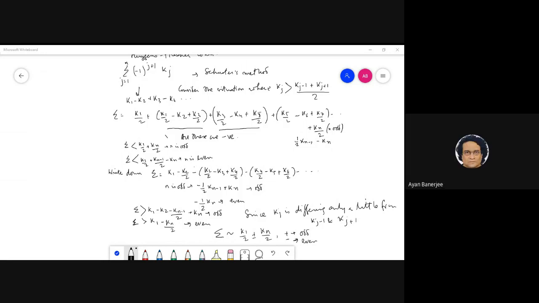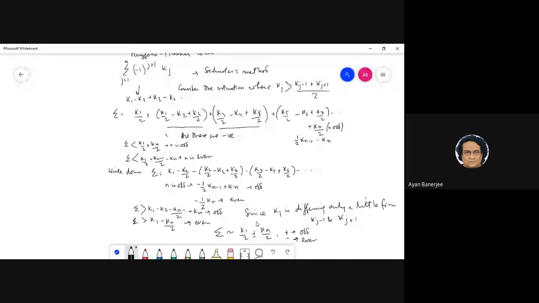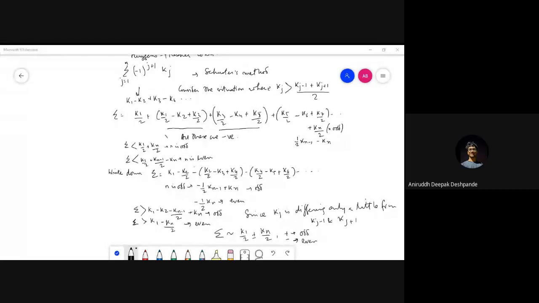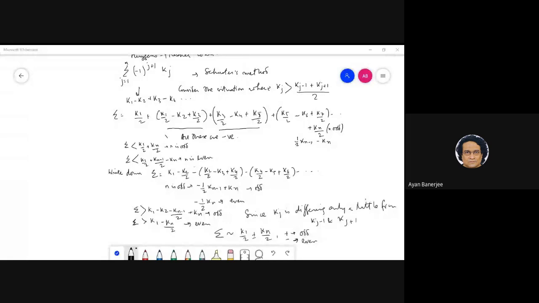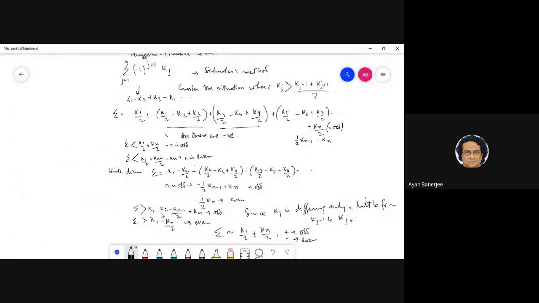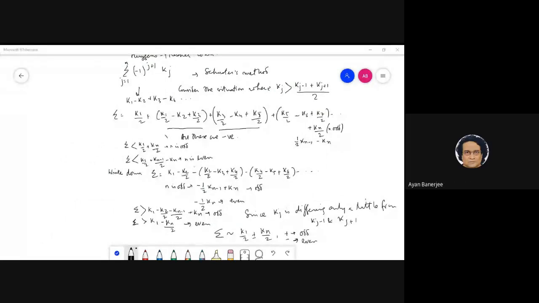Sir, did you miss a term in the sigma greater than for even? Which one? Should it be k1 minus k2 by 2? Yes, this one. No, the greater than one, the lower one. The k2 is not k1 here in the second one. Oh, so yeah, it will be k2/2. Sorry, you're right. And even the one below it, obviously, that will also have k2/2.